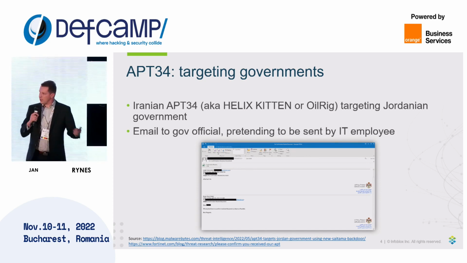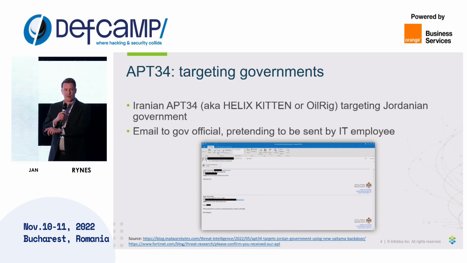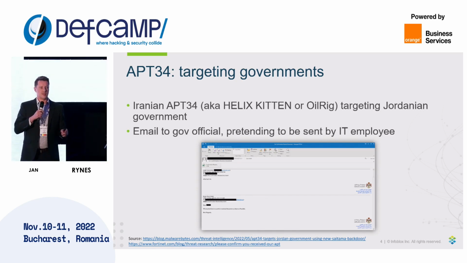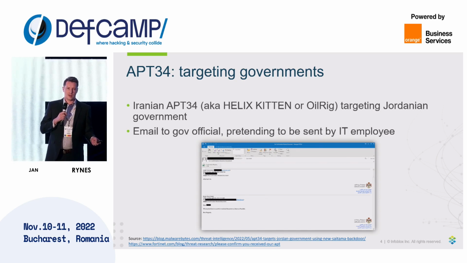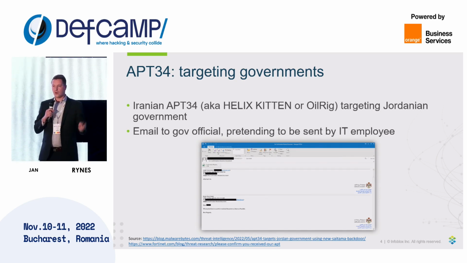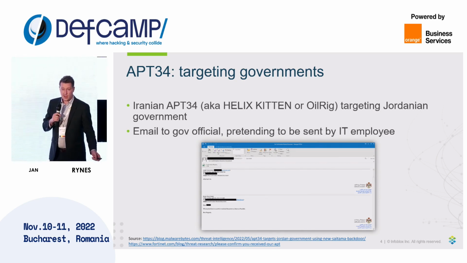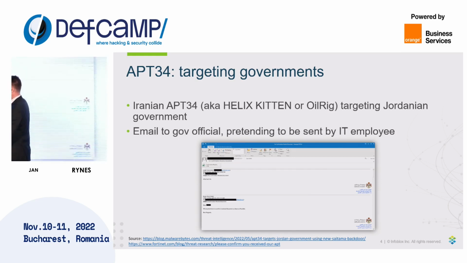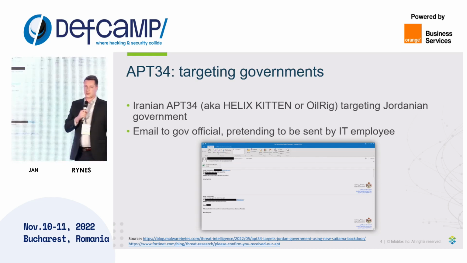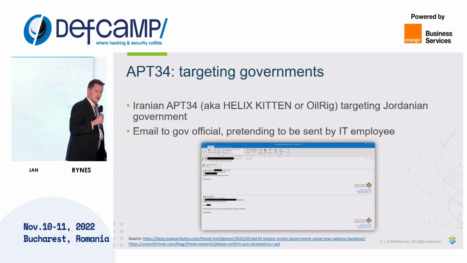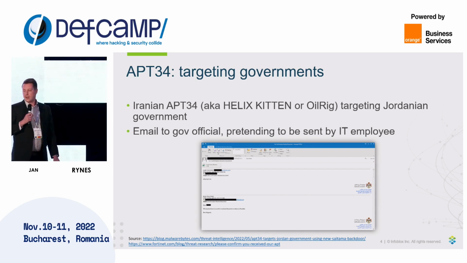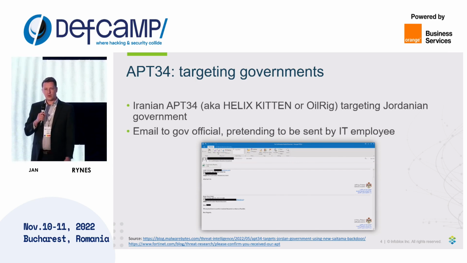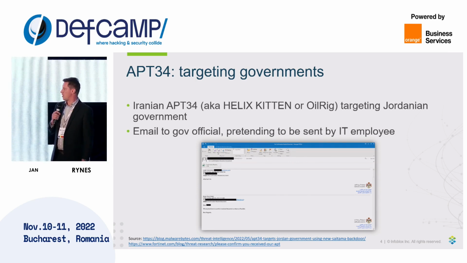But if you think about it, this is already step number 3. So they had to do the homework to find out who is the right person to send this email, and they had to do step number 2, and it's actually this Excel sheet that was attached. So you would say, okay, they send some Excel sheets to some kind of person.